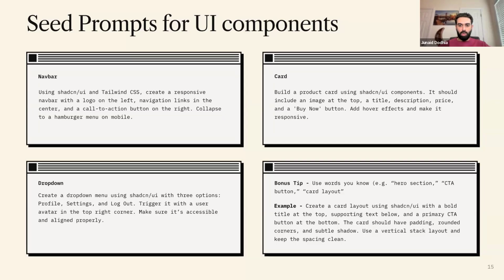I see one. Why is the seed prompt run before the UI enhancement prompt? Good question. I think this is important because sometimes you don't want to compress everything in one prompt. You want to have a bare bone structure and then keep adding layers to it.